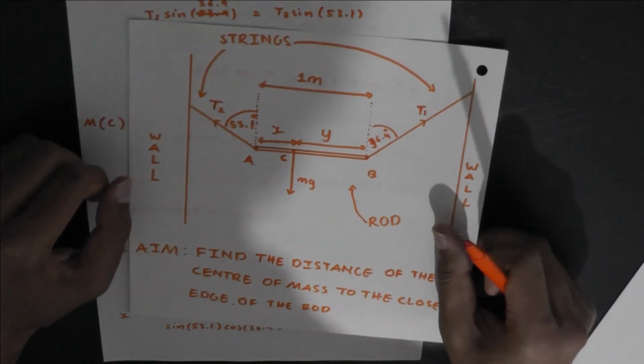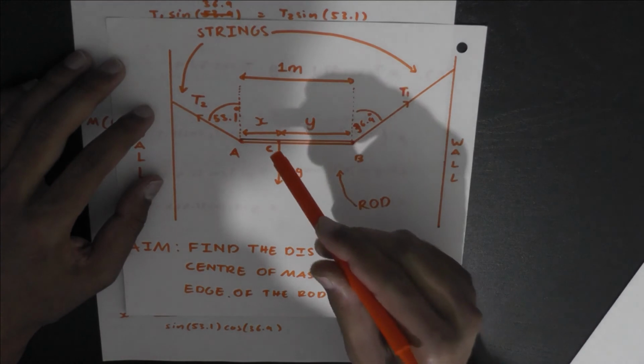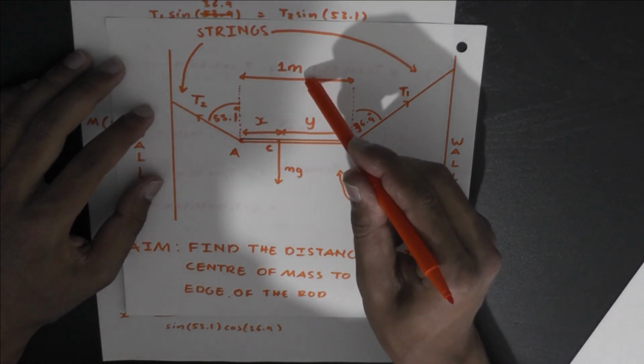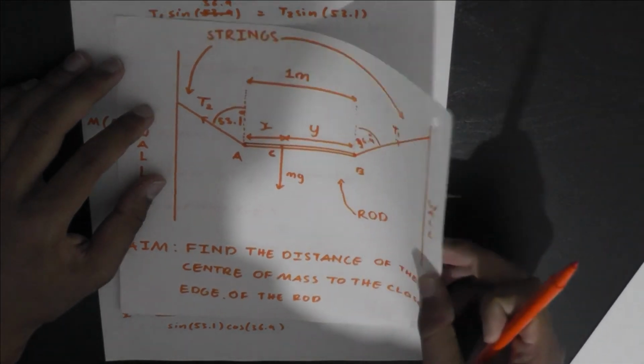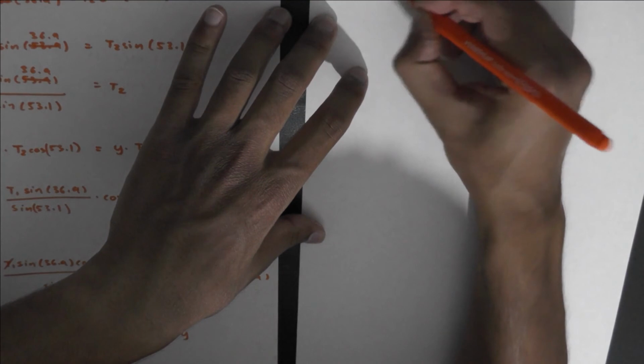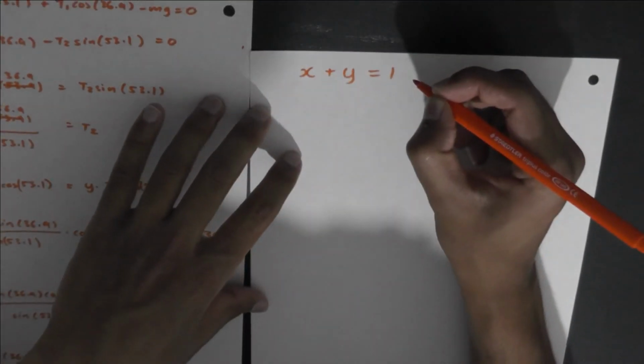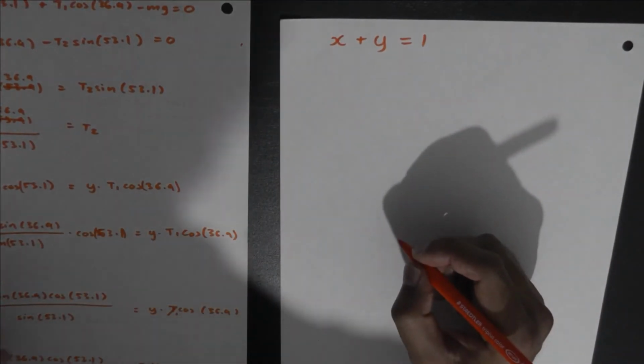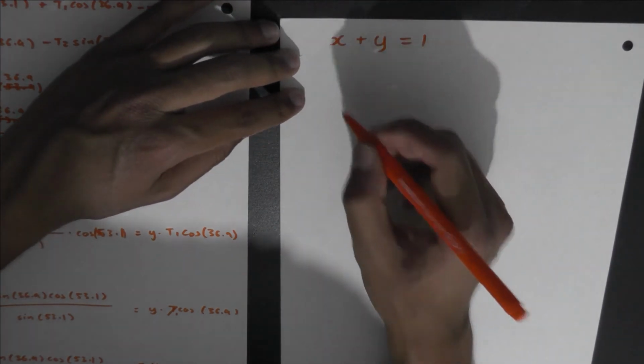So the simplest relation here we have is x plus y equals 1. And that's a relation we can use to finalize our answer. So if x plus y equals 1, then we can put our equation in terms of that.